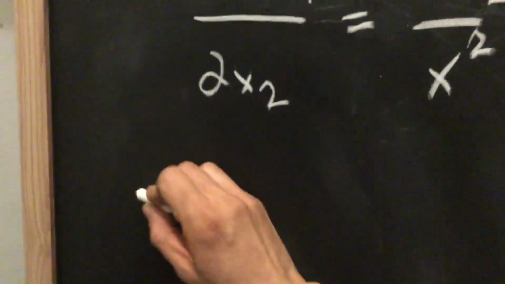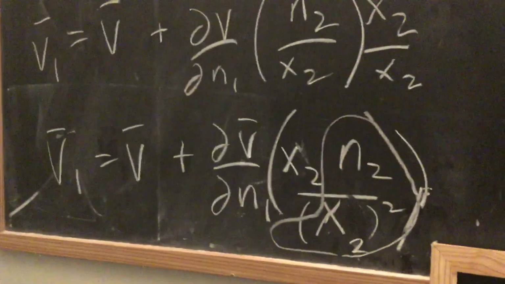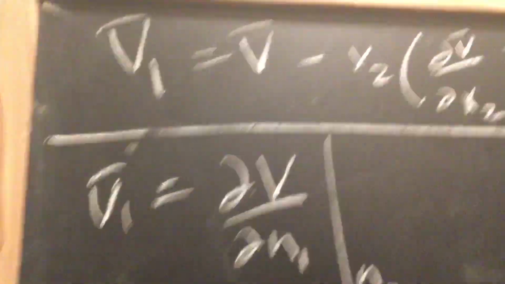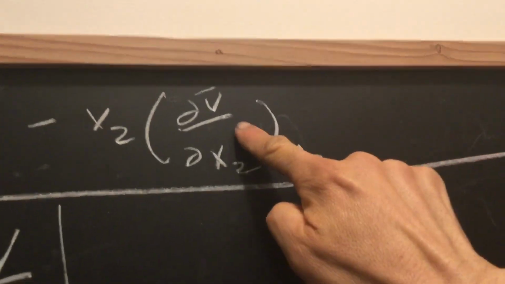And to use the teacher's other hint, dV bar over dN1, how do I make this look like the target? The target was dV bar over dX2, right?